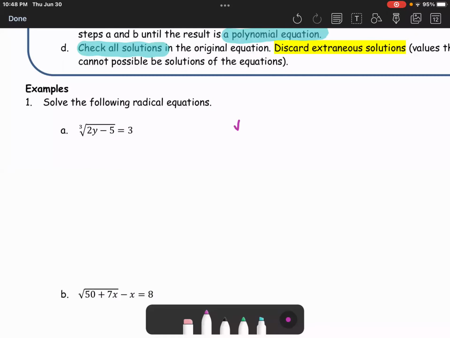We call it the cube root. It means the quantity raised to the power 1 over 3. So to undo the cube root, we are going to raise to the power 3 over 1. That means the whole expression raised to the power 3.